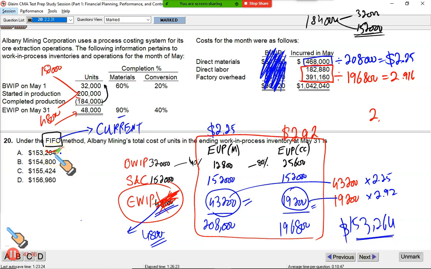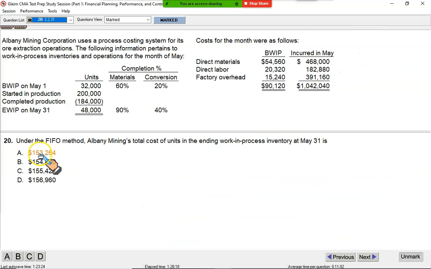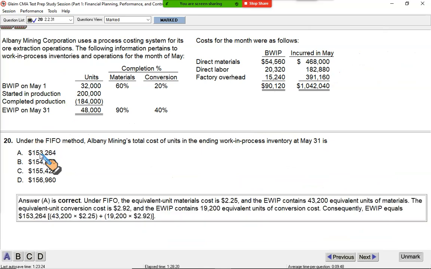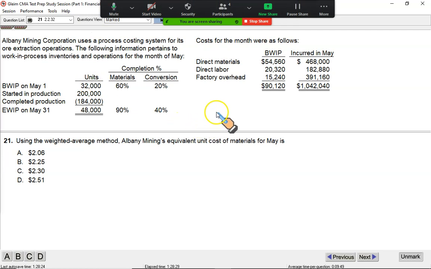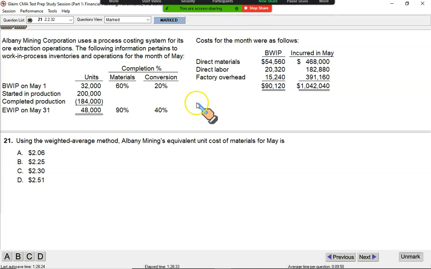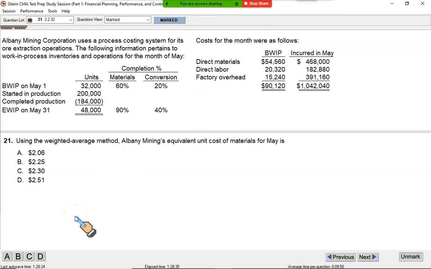This is what the whole issue is all about: how to value the goods completed and how to value the ending work in process. Now, let's redo this whole question using the weighted average method. How do we do it using the weighted average? Let's see.